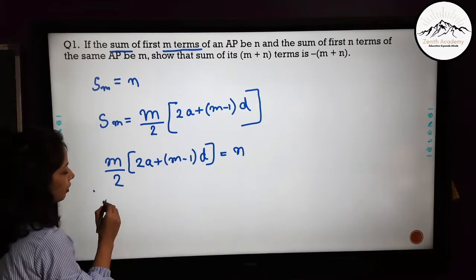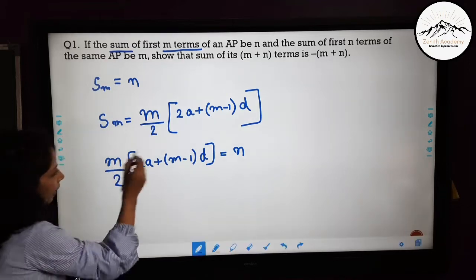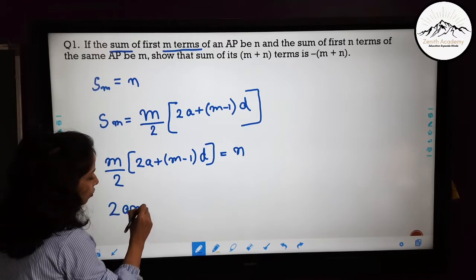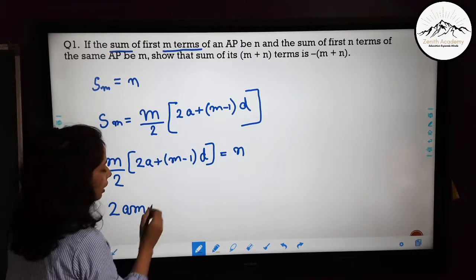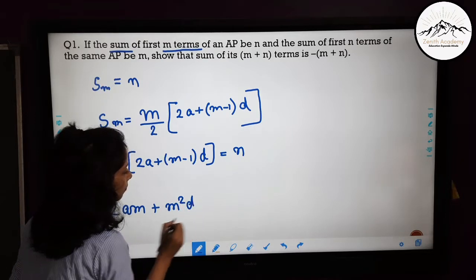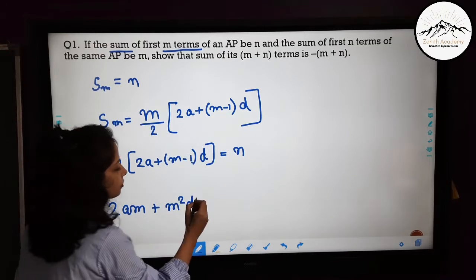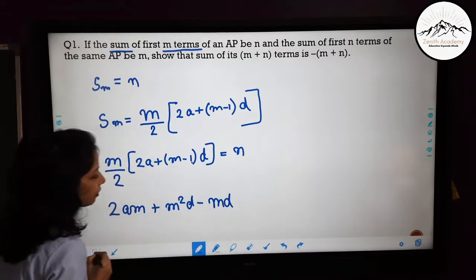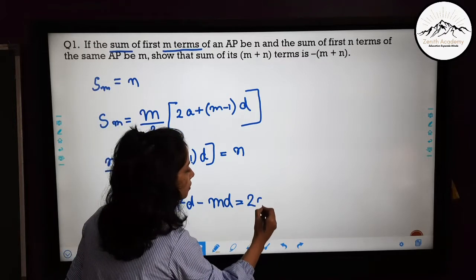We can shift 2 there and we can multiply m to the bracket. m into 2a will give us 2am, m into d, so m into m is m square d. m into minus 1 into d will give us minus md, and we have shifted 2 on that side, so this is 2n.